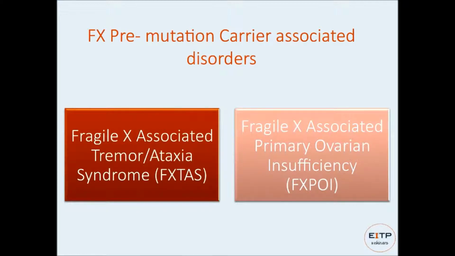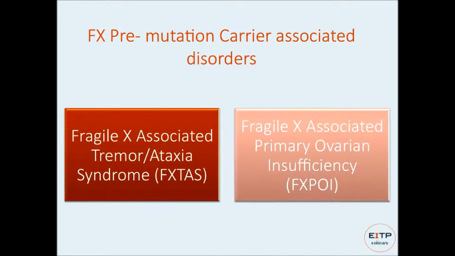So I'm going to talk a little bit about the Fragile X premutation carrier-associated disorders. A lot of times there's confusion in terminology, where they will say that even though a female has the repeat level of a full mutation, like my son would have, that she's a carrier because she doesn't manifest the classic symptoms of the delays across the continuum that boys typically do.